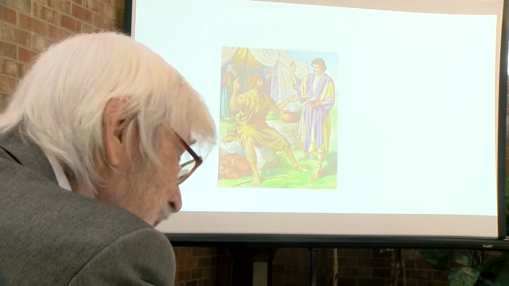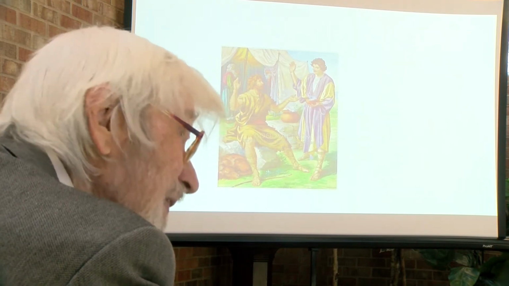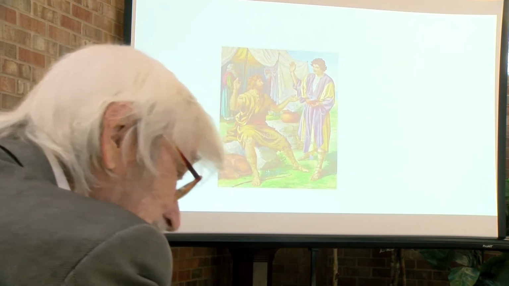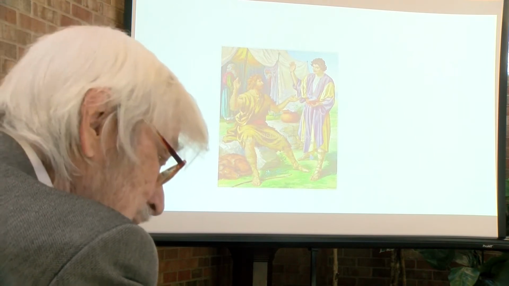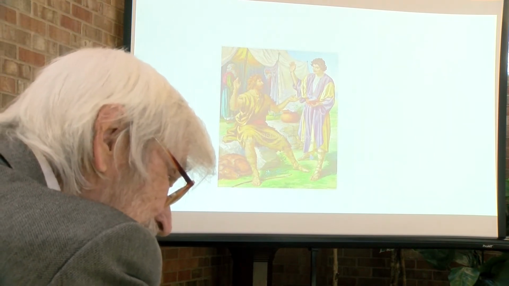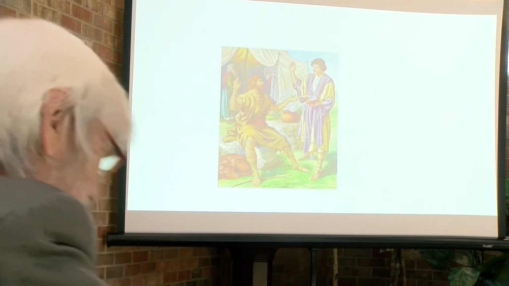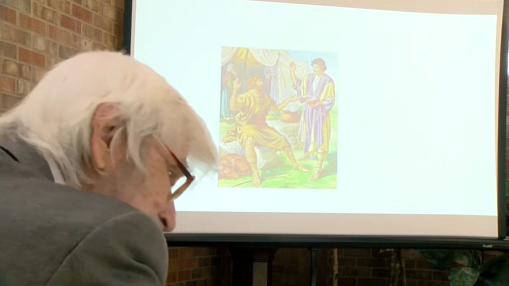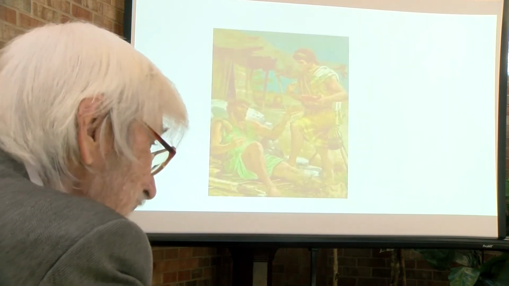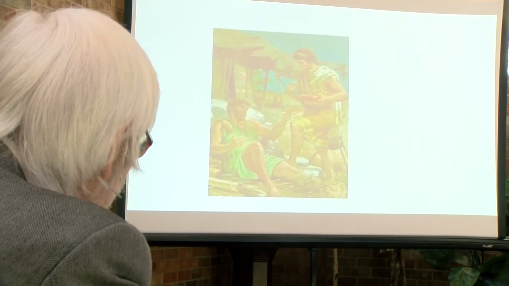Here is probably one of the most famous stories that we have in the Old Testament, namely that Esau really didn't care that much about that birthright. And we are told that he sold it for a mess of pottage to Jacob. Actually, what happens is that Esau comes back from hunting, and he's very tired and very hungry.